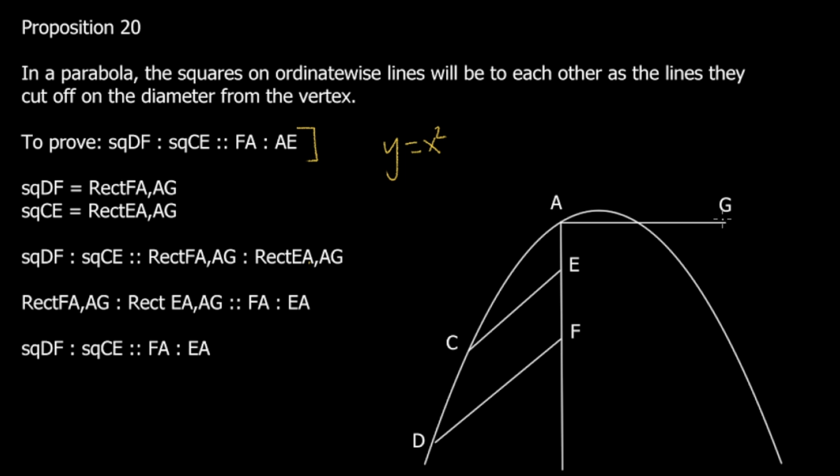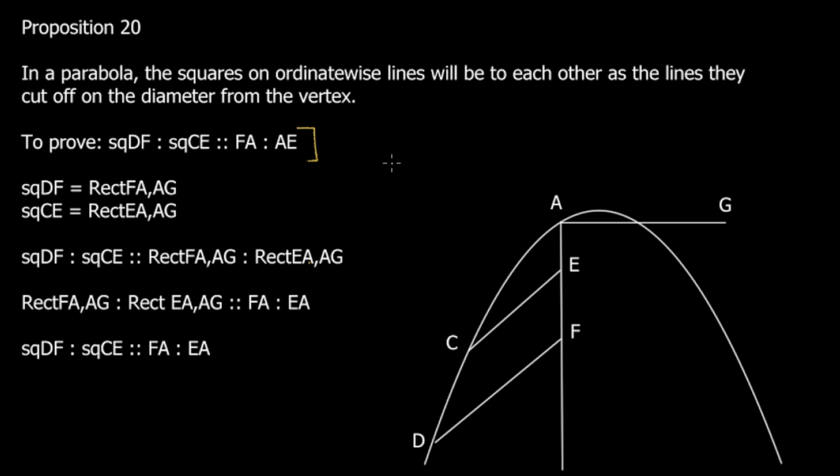And AG is always some sort of unknown in that instance, because we construct AG, whatever length makes that relationship possible, makes the square on DF equal to the rectangle AF, AG. So before, this parameter was kind of mysterious, and this is the proposition where, at least in the case of the parabola, we can step beyond that reference to the parameter. That's pretty exciting. So that's enough background though.